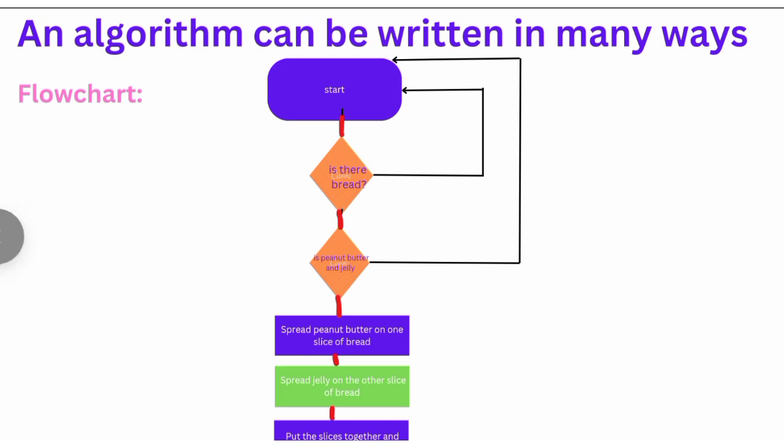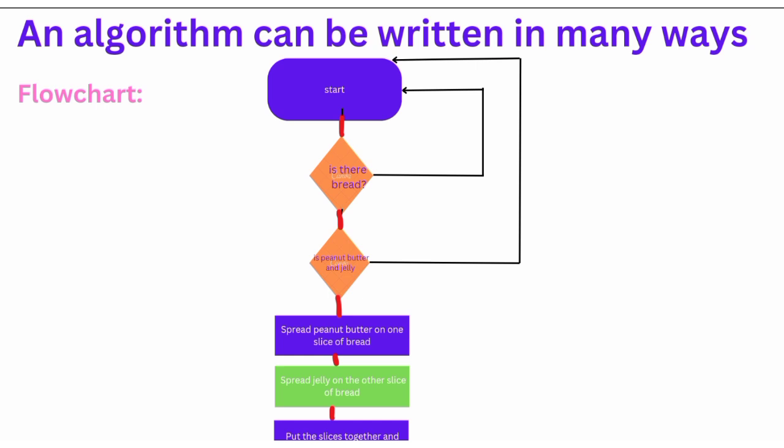If the bread is there, then we go to the next part, whether peanut butter and jelly are available or not. If they are not available, then again we go to the start point. If they are available, then we spread the peanut butter on one slice of the bread and spread jelly on the other slice. Put the slices together and enjoy the sandwich.